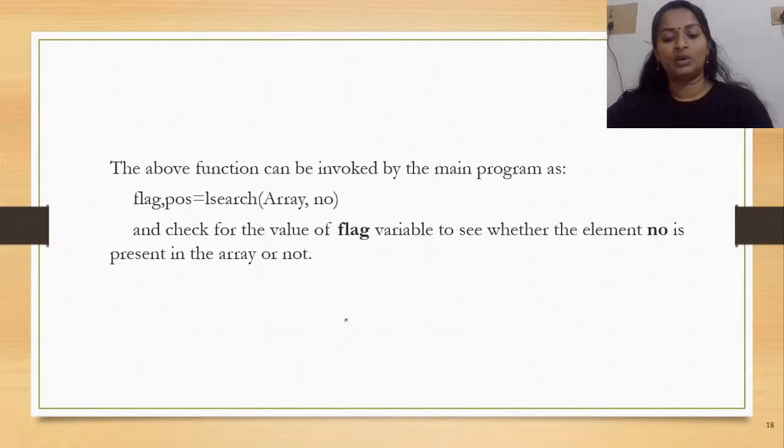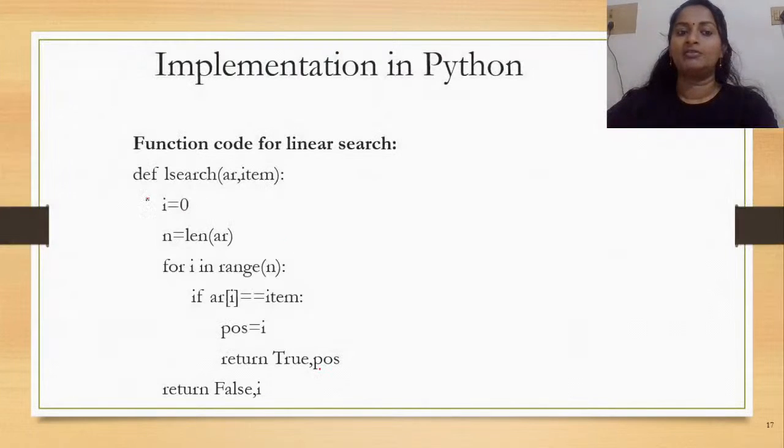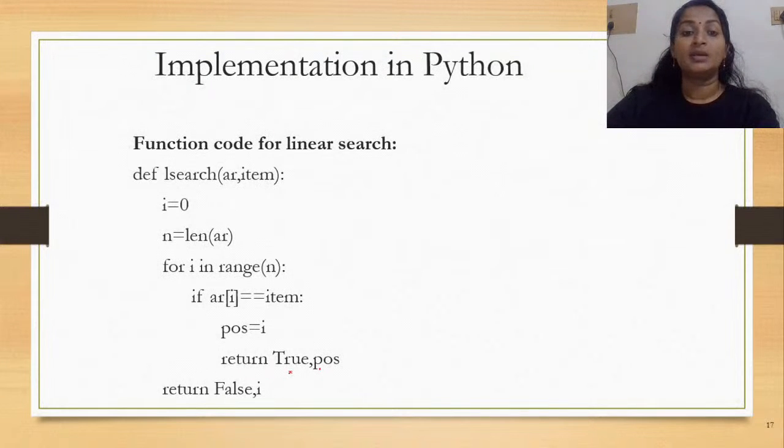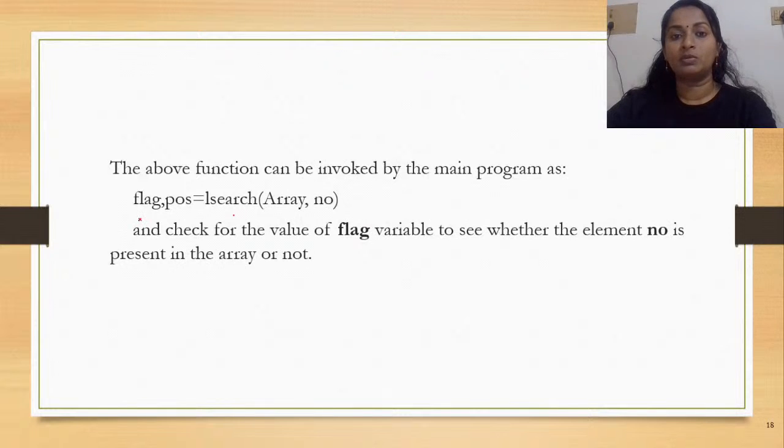We have just discussed the code of the function for performing linear search, and this is how you would be invoking the function. One more thing you need to notice: you are returning multiple values in the function body, and this is how you would be receiving the returned values from the function. I hope this is clear to you.